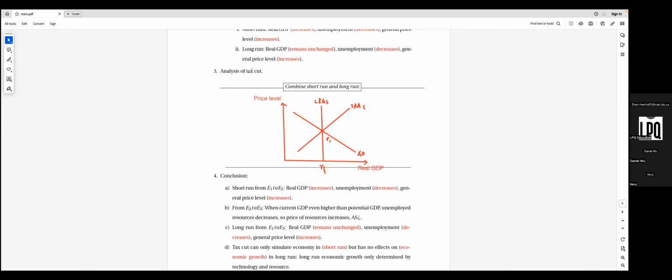So what happened here is called a tax cut. Basically, we don't need to specify what the reason actually is, but that is what happened here, a tax cut.